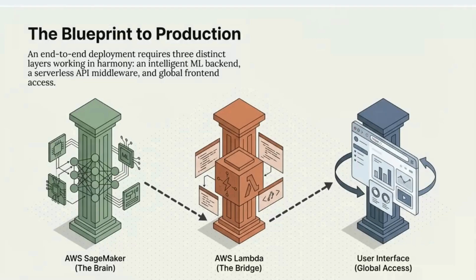SageMaker provides access to Jupyter notebooks, and I can train my model on the cloud itself, or on my local system in VS Code or Anti-Gravity, whichever tool I'm using. But we are going to use everything on the cloud only. That's why we call SageMaker the brain, because here we do the coding and create the end-to-end project.